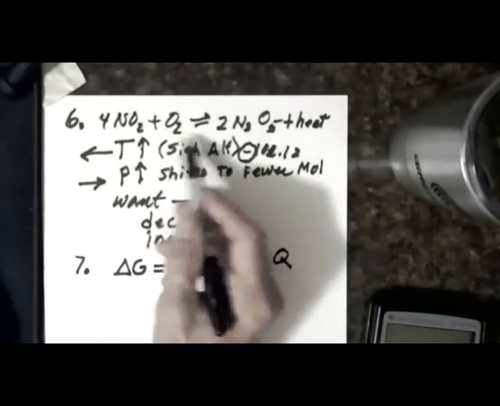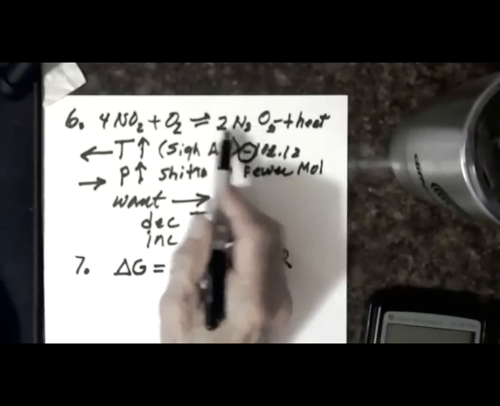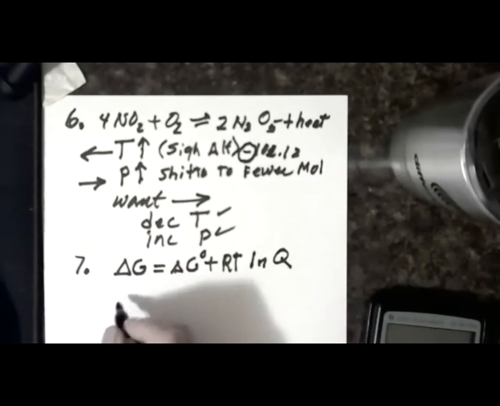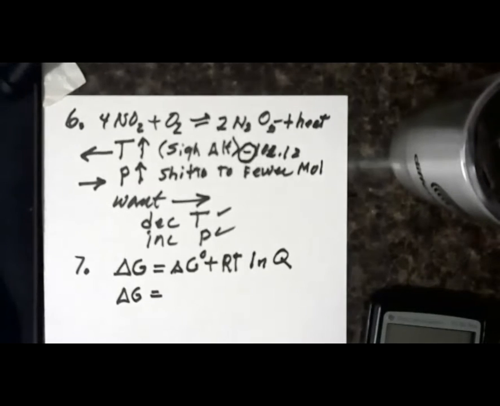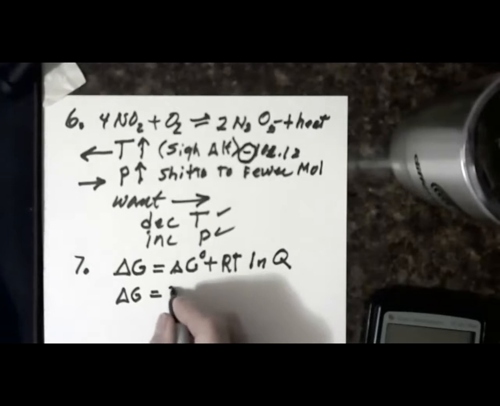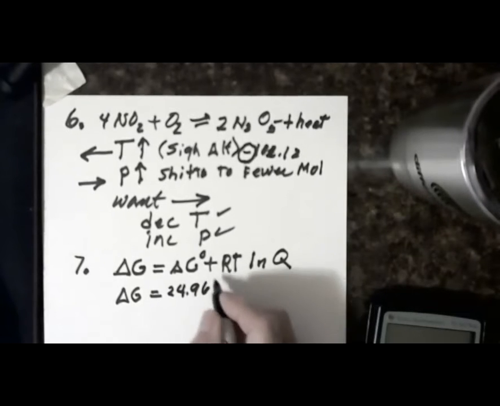We've got our reaction still up here, so we want the pressure of the N2O5. So delta G is going to be delta G superscript, and we calculated, what was it, 24 point something? 24.96 kilojoules. I'm going to anticipate the R there and make that times 10 to the third.